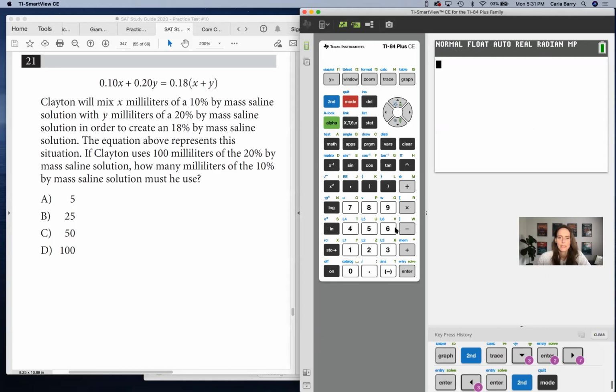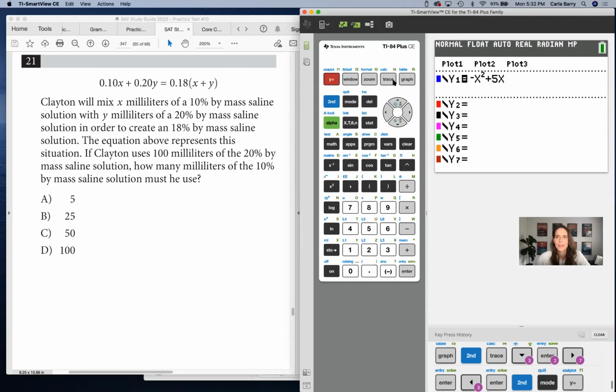Let's see here. Catherine asked, how did you get the vertex? I was able to get the maximum on right bound and left bound, but I can't figure out how you got the vertex. So the vertex is the maximum in this case. So while you guys are thinking through this question, let's just circle back here.